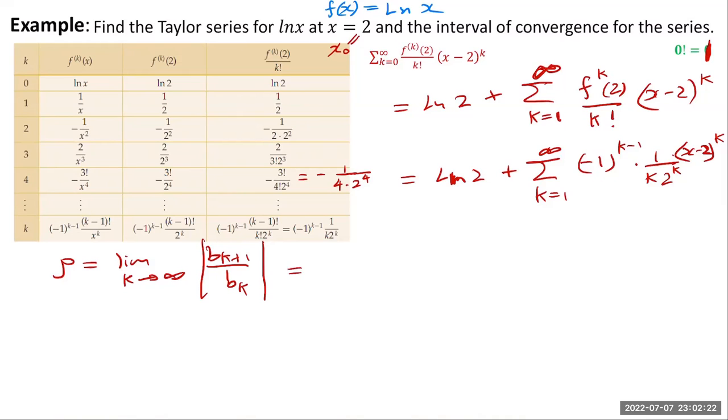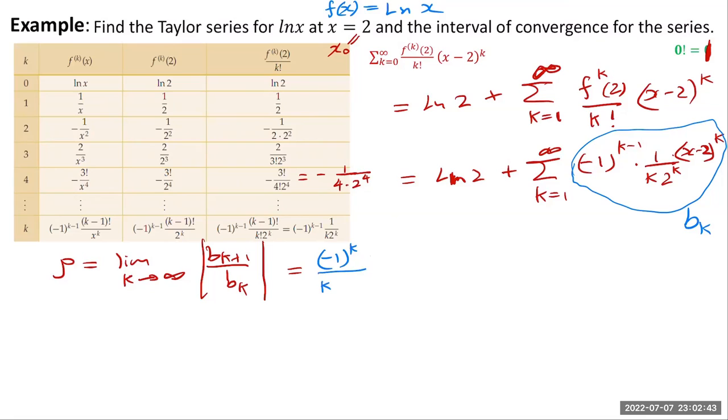I'm going to have a giant expression here. Notice that your b_k in this case is this term. So b_(k+1) would be minus 1 to the power k minus 1, divided by, this should be k, right?